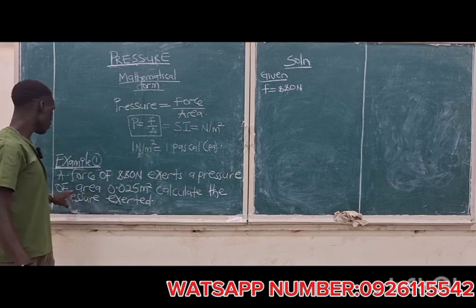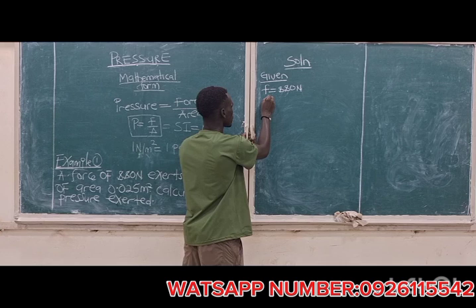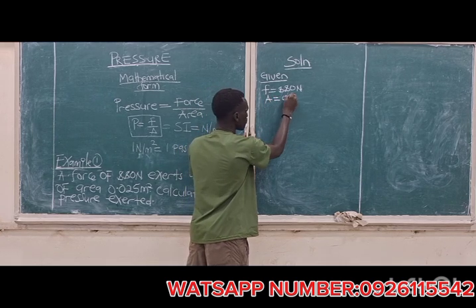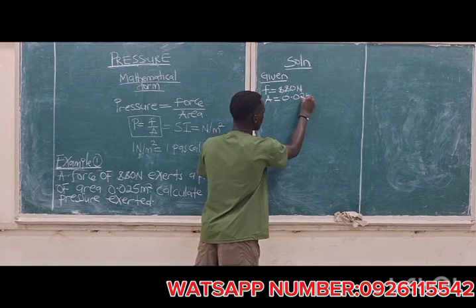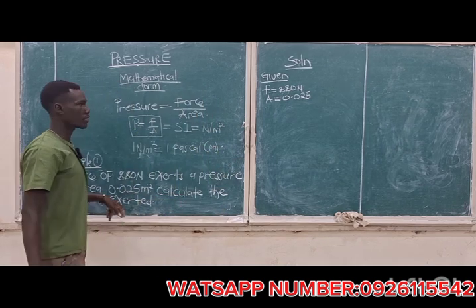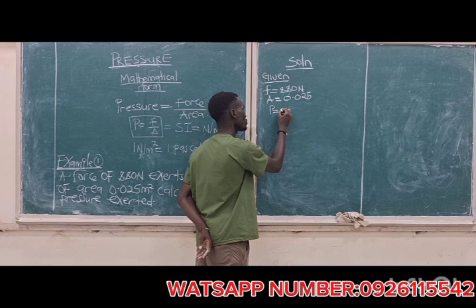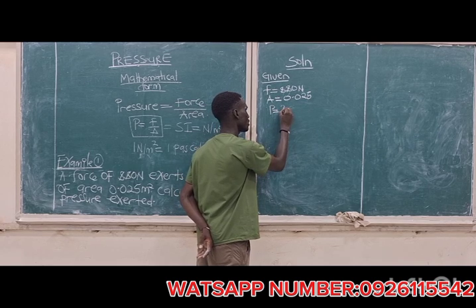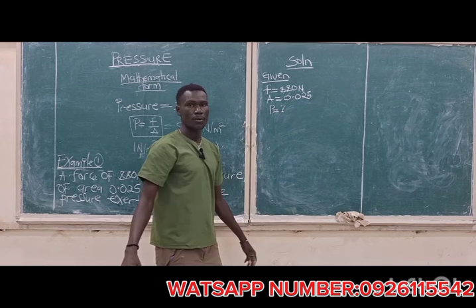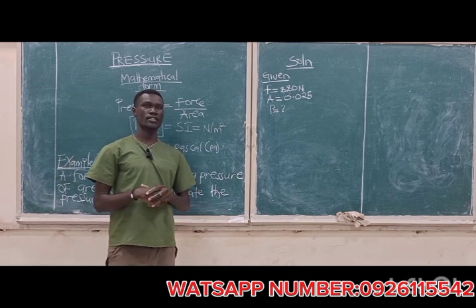It exerts the pressure on an area, so we are given the area as 0.025. We are asked to calculate the pressure. So pressure is equal to question mark.